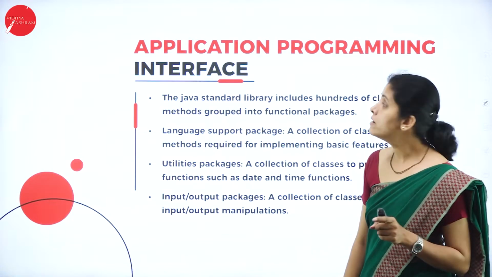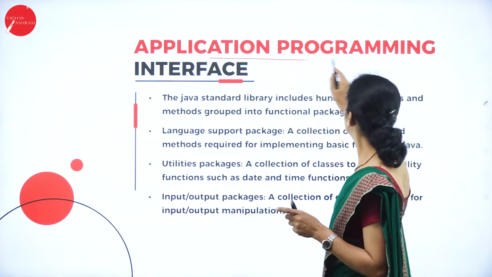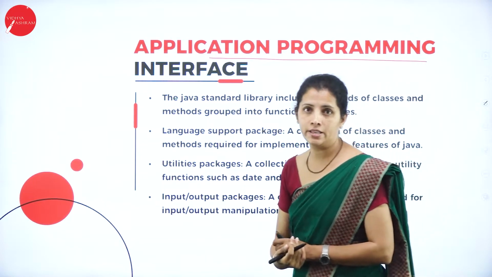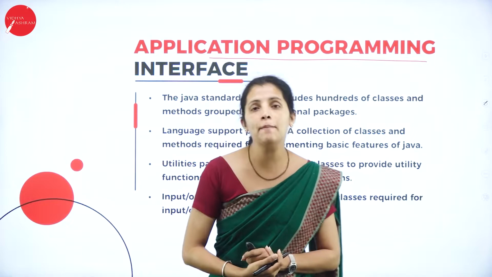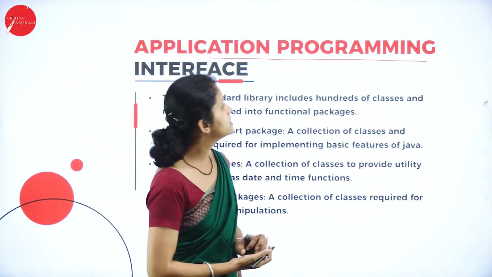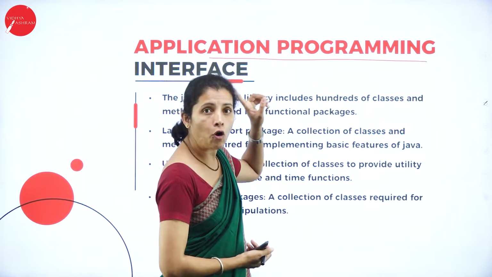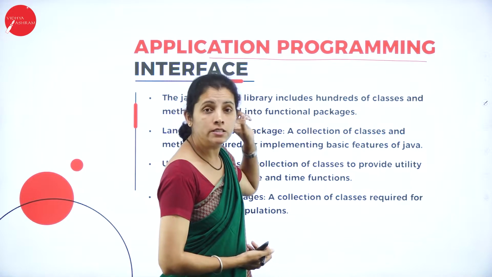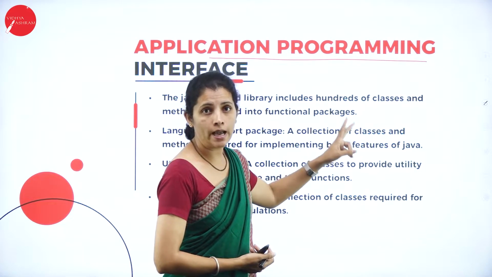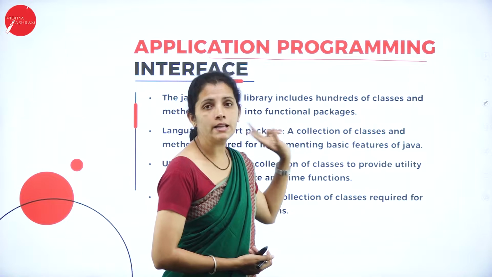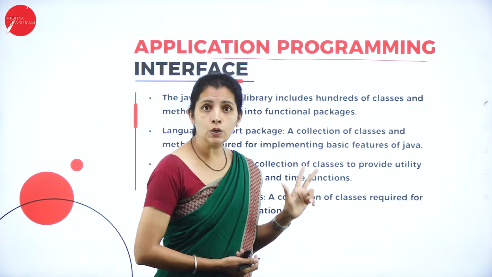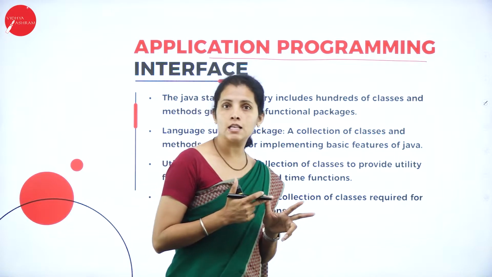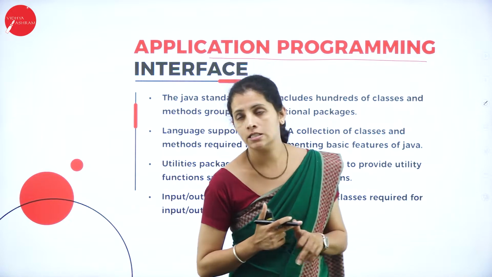Now I have the application programming interface, or application program interface. As I discussed, it's also known as the Java Standard Library. This Java Standard Library includes classes as well as methods.